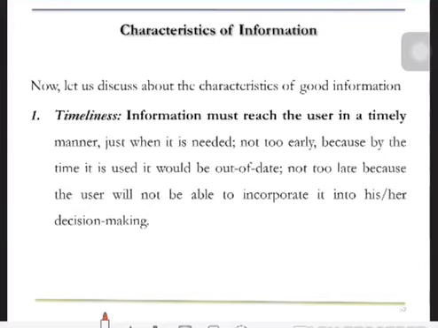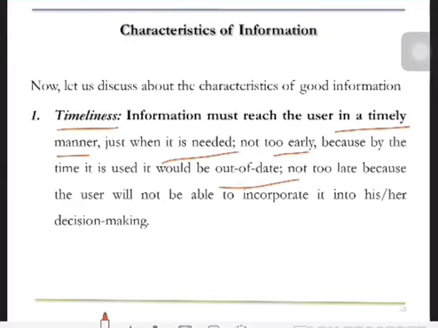ዘ ሌታስ ዘ ቤዚክ ፊቸርስ ኦፍ ኢንፎርሜሽን። አንድ ኢንፎርሜሽን ነው የምንለው ወይም ጥሩ ኢንፎርሜሽን ነው የምንለው ምን ሲሆን ነው? First, timeliness. That means information must reach the user in a timely manner. ጊዜውን ጠብቆ በታይምሊ ማነር የሚደርስ ከሆነ, such one is timely information, just when it's needed በምንፈልገው ጊዜ, not too early and not too late.